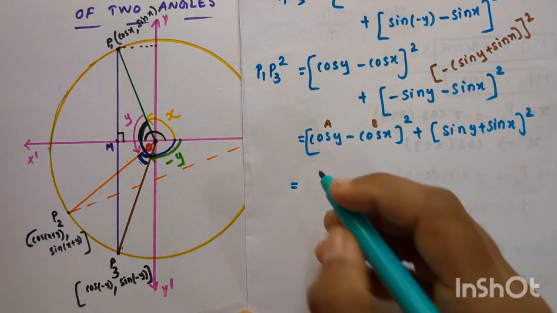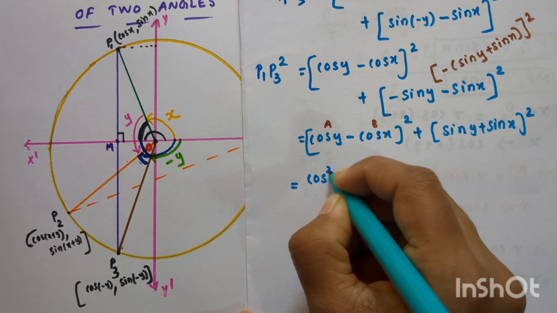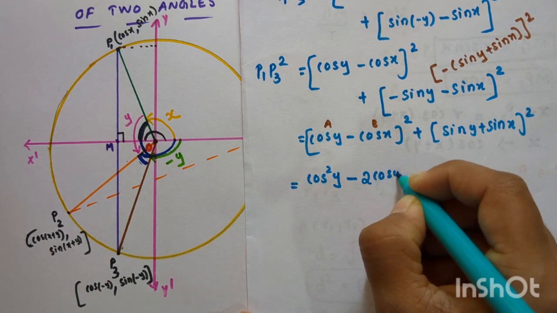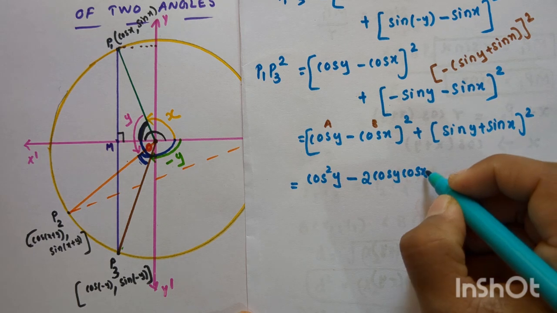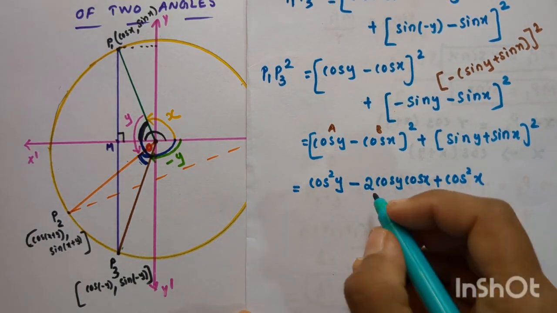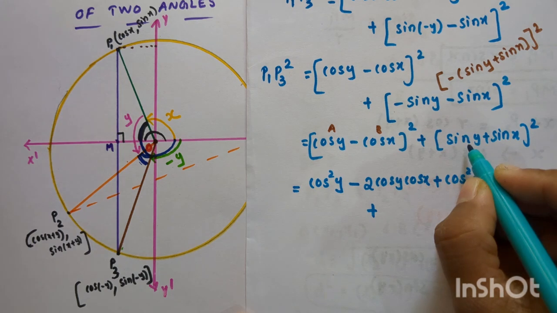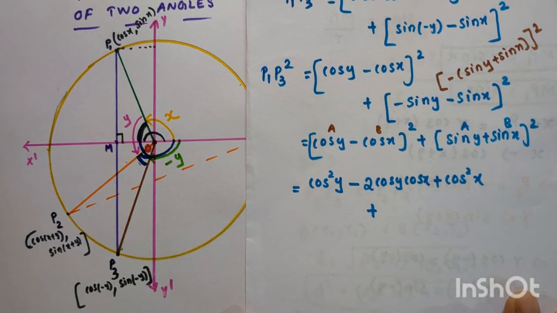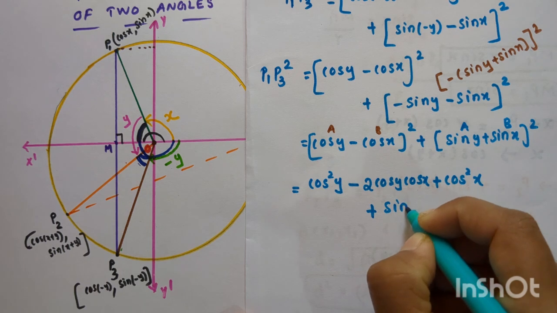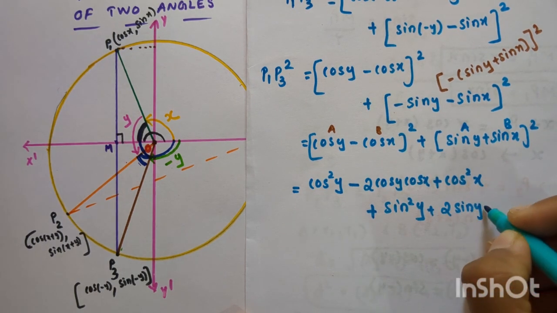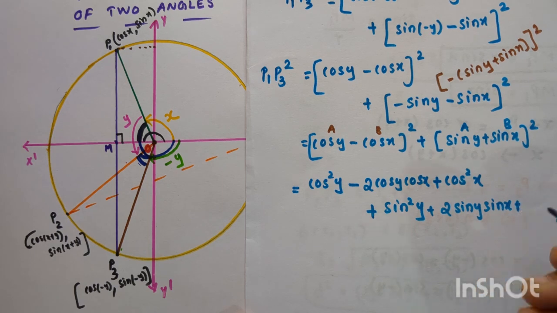A minus b all square is a square, so cos square y, minus 2ab, so minus 2 cos y cos x, plus b square, that is cos square x, plus a plus b all square. A plus b all square is a square, so sin square y, plus 2ab, that is 2 sin y sin x, plus b square, sin square x.